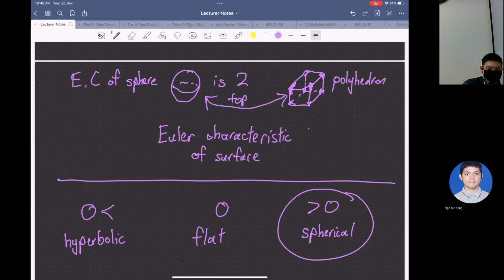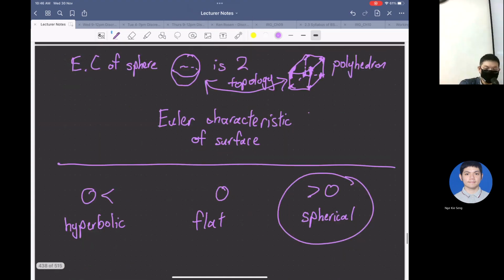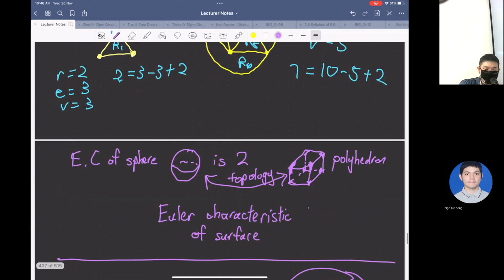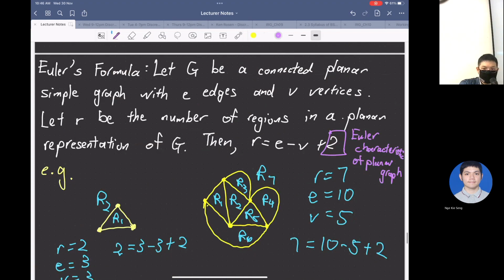This is what we call topology. But this is extra, just for some story. We won't prove it today, maybe we'll do it next week.